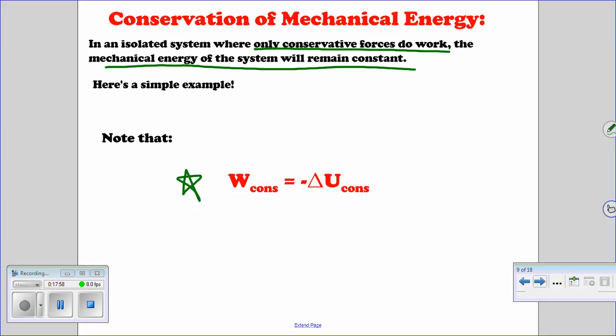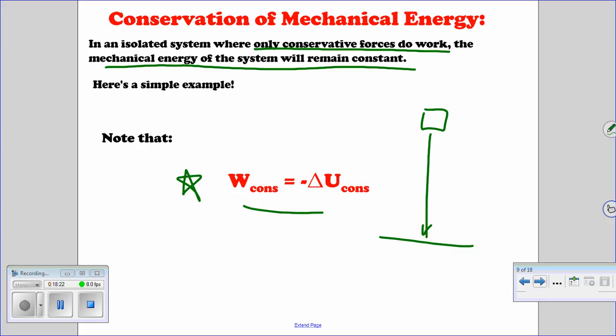The work done by a conservative force is equal to the opposite of the change in conservative potential energy. In English, here's what this is saying. Suppose you've got a box that's going to fall. As this thing falls, it's going to lose gravitational potential energy, right?